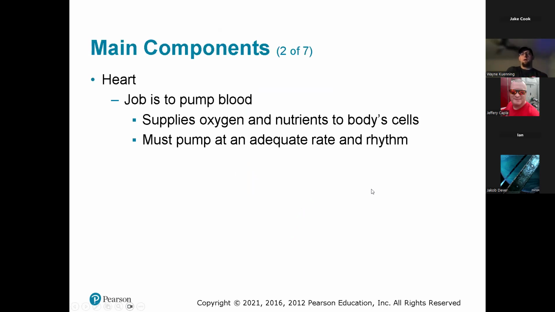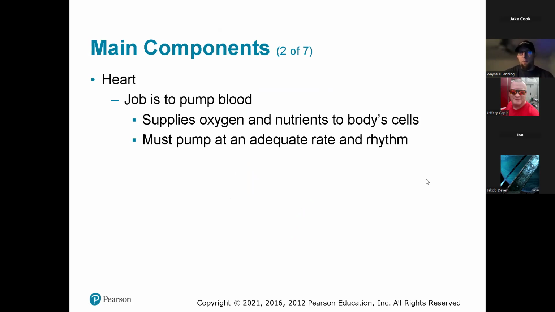The biggest job of the heart is to pump the blood. Obviously, without the pump, no circulatory system works. Without pressure, there is nothing. If you're on a fire truck without your pump, you ain't pumping water, because gravity ain't nothing. That pumped blood supplies oxygen and nutrients to the body's cells.